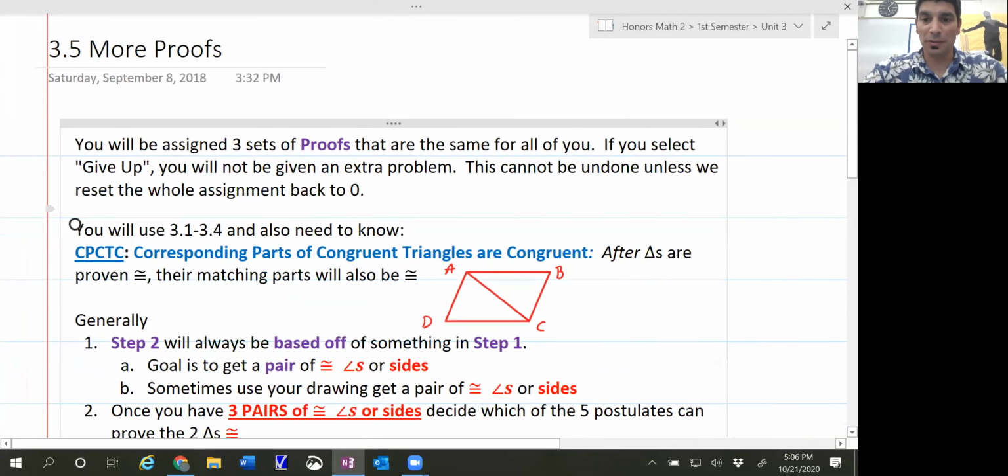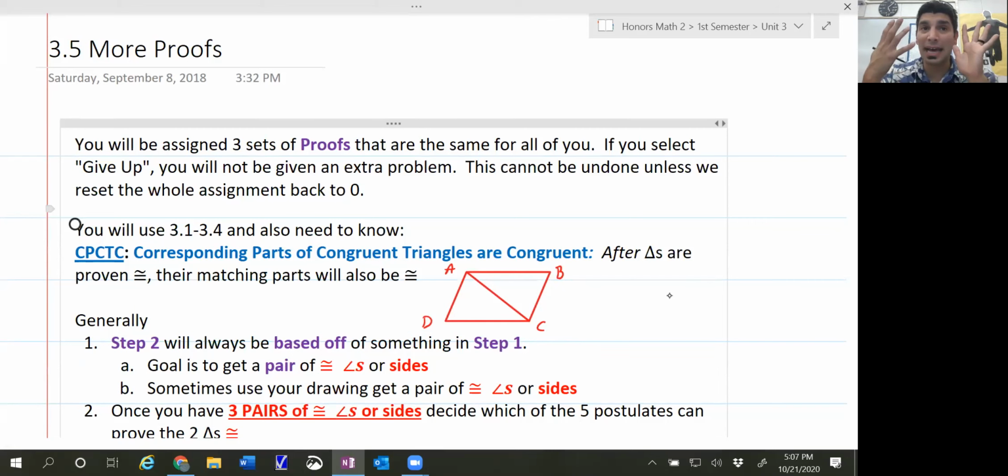First thing I need to let you know, everything that I assigned in this particular assignment, in the 3.5 Delta Math, they cannot give you any partial credit, or if you give up, it gives you a 0 for the assignment. You don't get a new problem. So keep in mind, I gave you 9 problems.